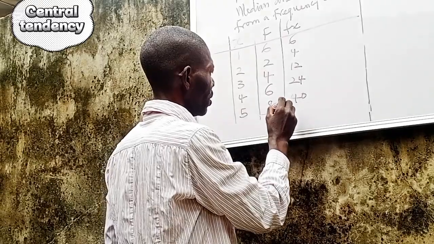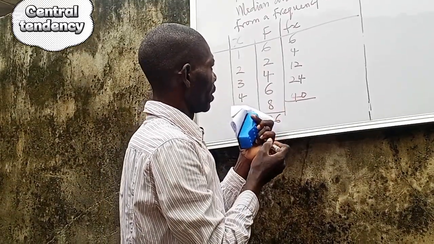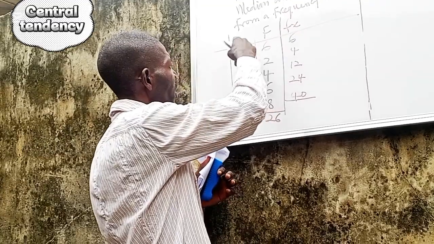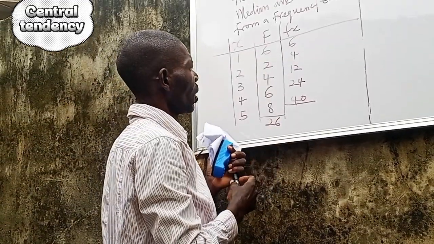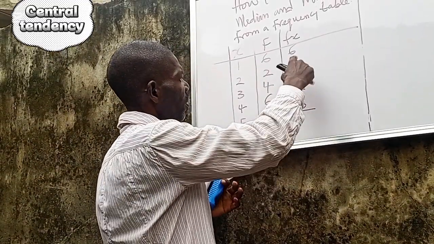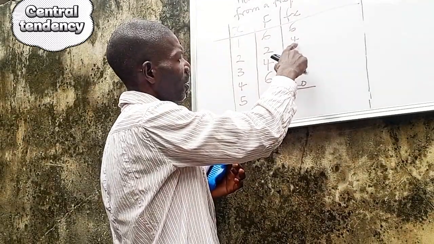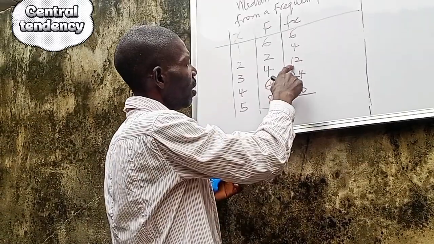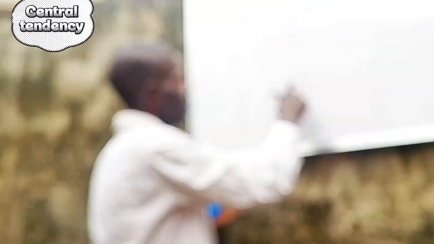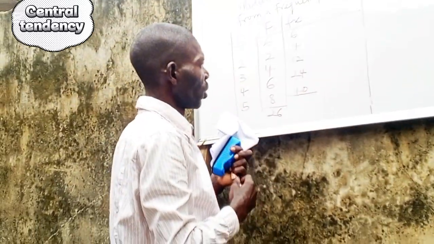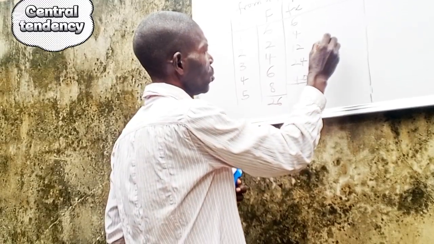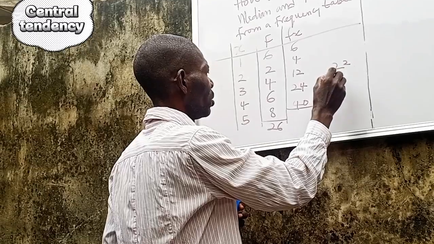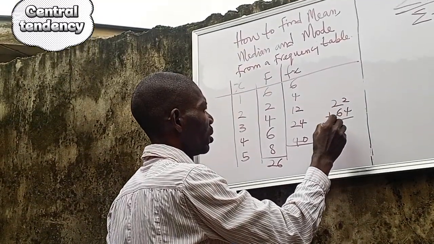Now, the sum of the fx, that is frequency times the score here. So 6 plus 4, that is 10. 10 plus 12, that is 22. 22 plus 64, that is 86.